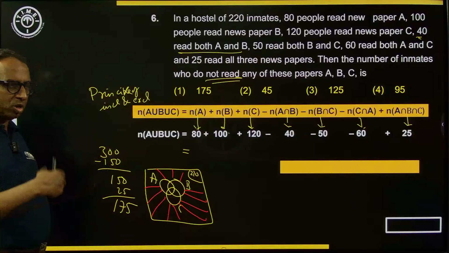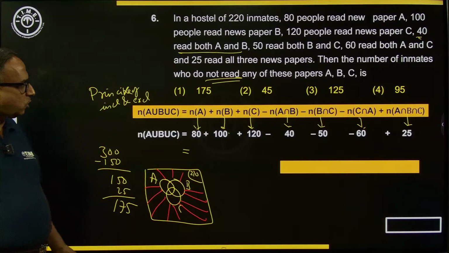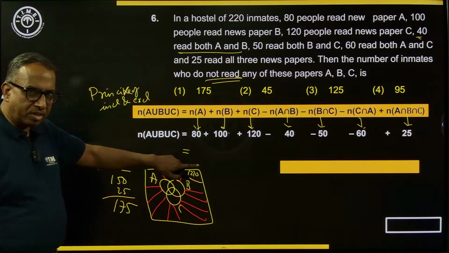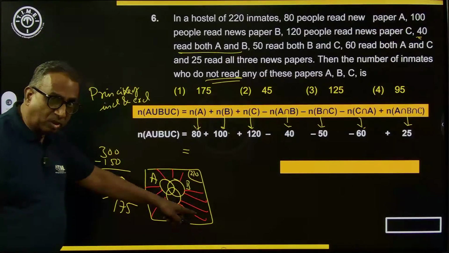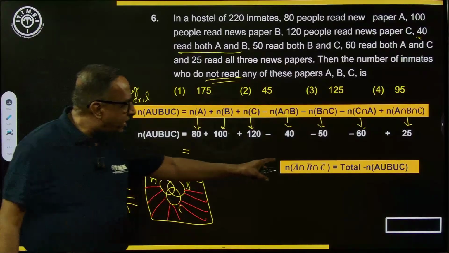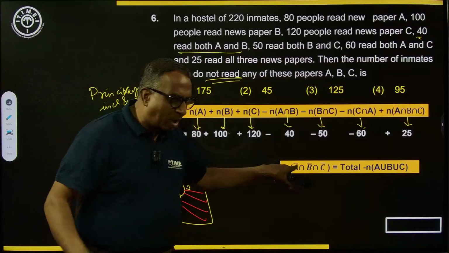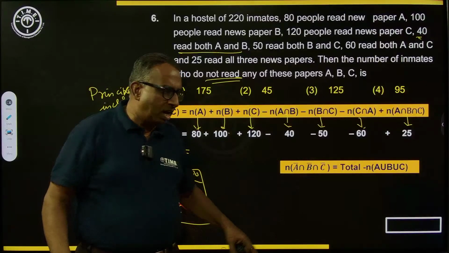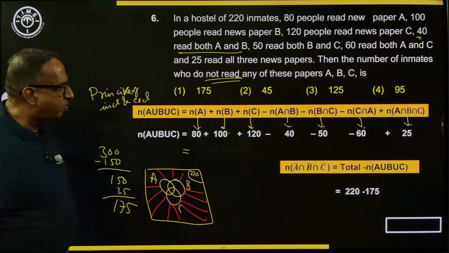From 220 you have to remove how many are inside this. What we want is outside. A లో ఉండకూడదు, B లో ఉండకూడదు, C లో ఉండకూడదు. బార్ అంటే కాంప్లిమెంట్. అంటే టోటల్ మైనస్ n of A union B union C.